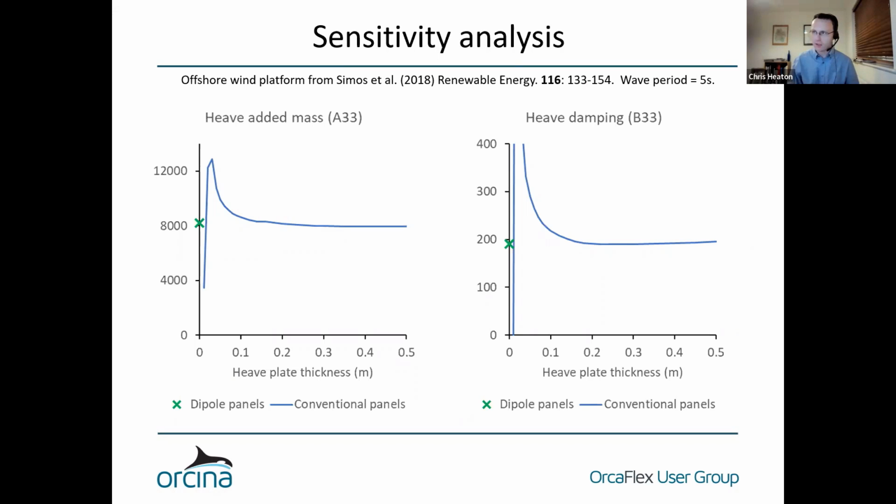So the first thing to say is that the model using dipole panels, which is the results with the green cross here, correctly, quite easily, picks out the correct zero thickness limiting value of these two results. But the models using conventional meshes and conventional panels, which are the results shown with the blue lines here, it's a different story.